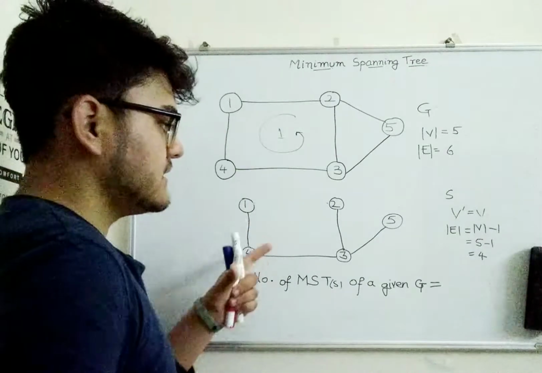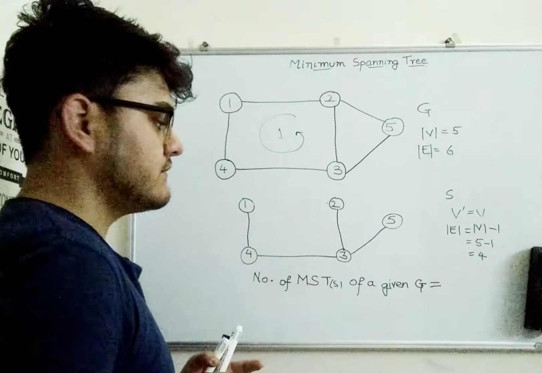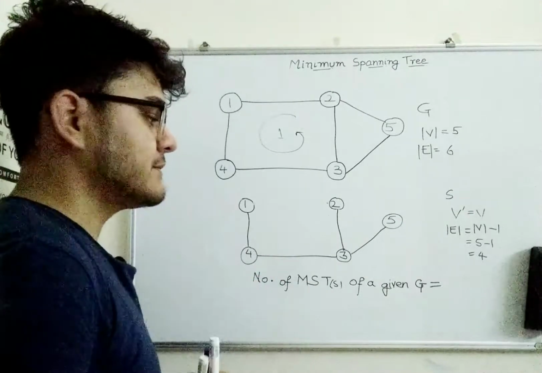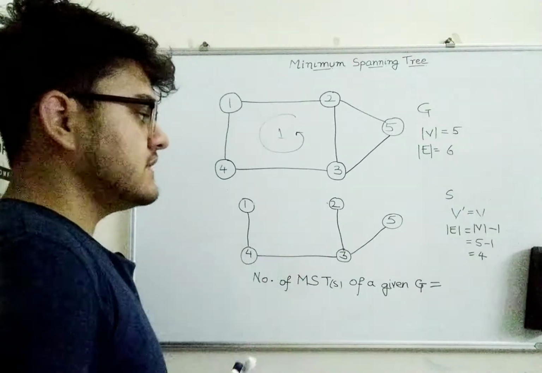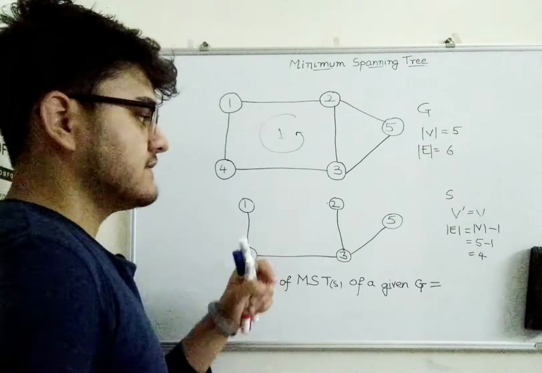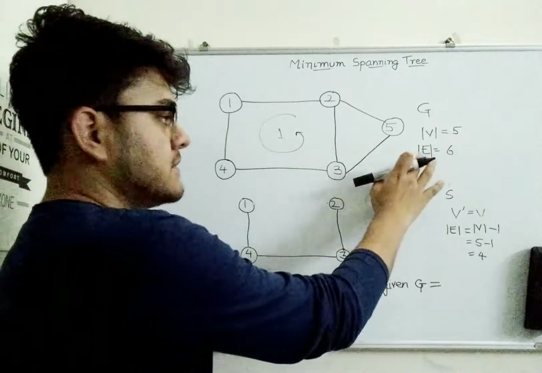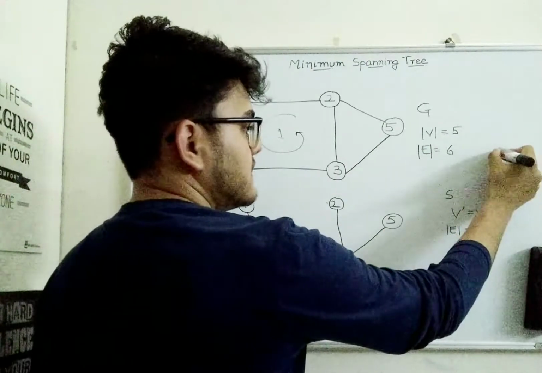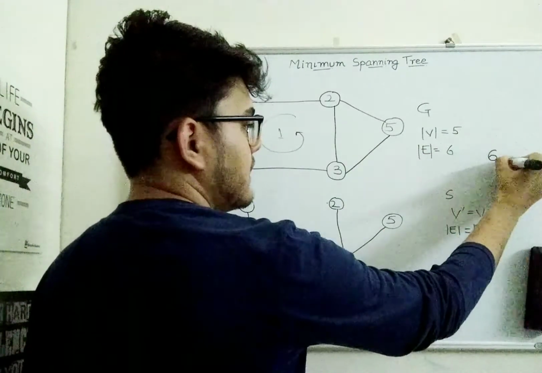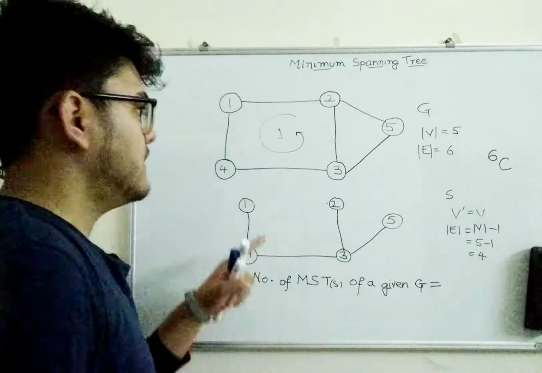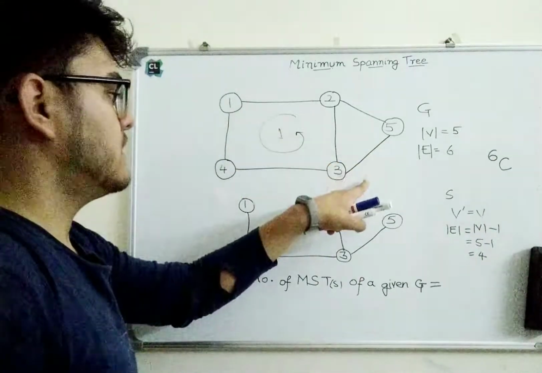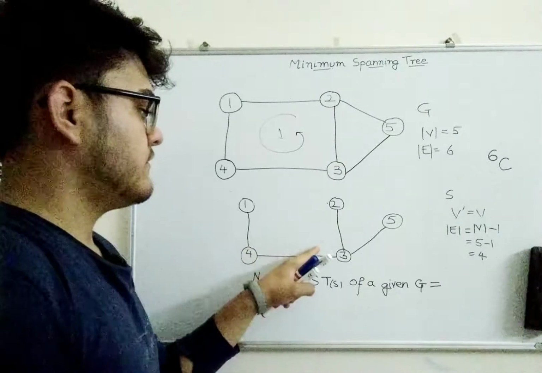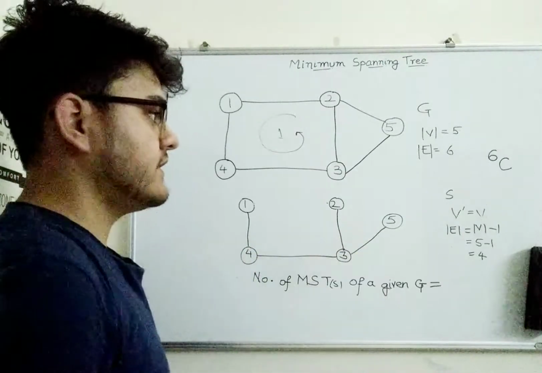Now we can see here, the combinations will now be more. So we will obtain some more number of minimum spanning trees. So what is the number of minimum spanning trees in this case? Initially the number of edges was 6, and now we have only 4 edges left here.